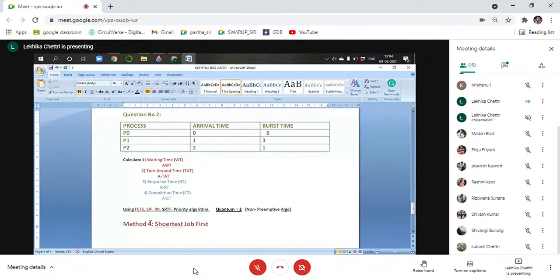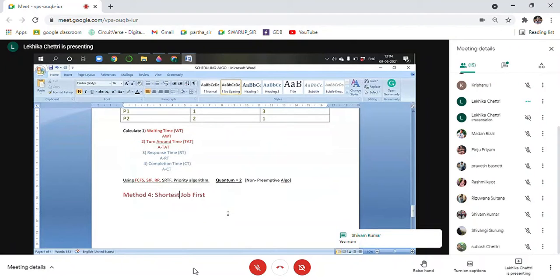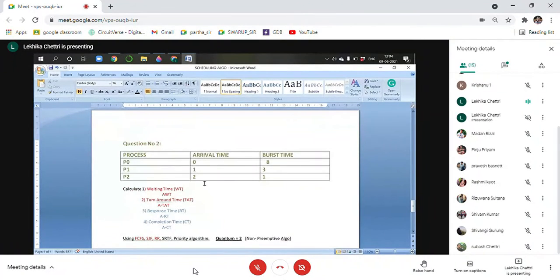Class, can we move to this? Yes, ma'am. Okay, so what is the first step? What is the first step? Gantt chart, ma'am. Very good. Gantt chart. Let's draw.